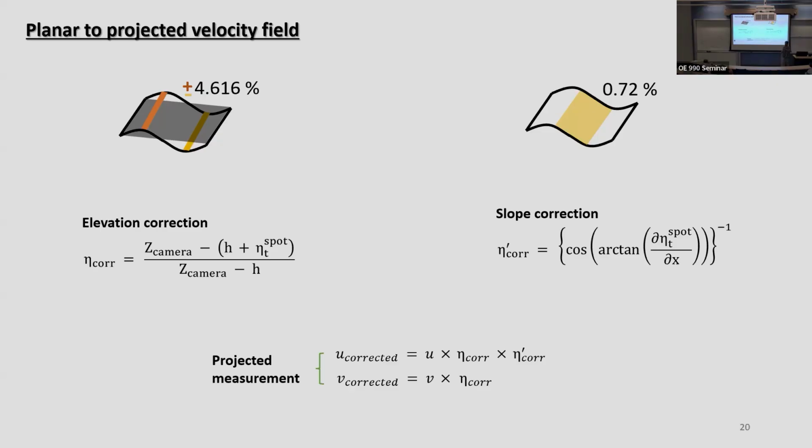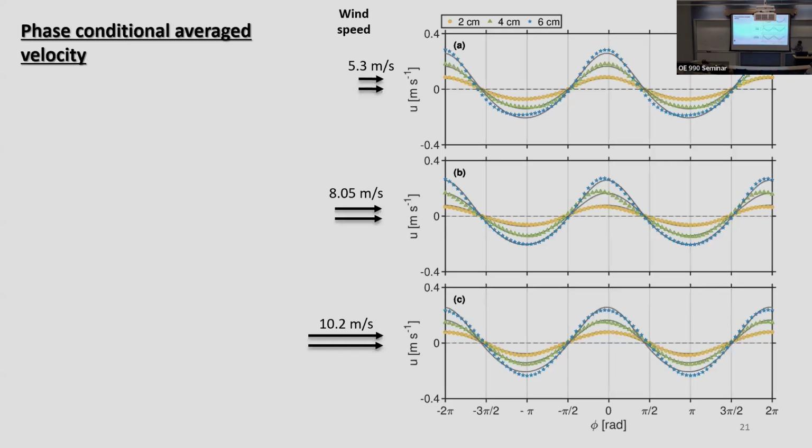So we go from plane measurements to projected planar measurements. These are corrected for wave elevation and wave slopes. Doing the same, we can plot our surface velocity as a function of phase. The solid lines here show the wave shape, scaled according to the wave velocity.